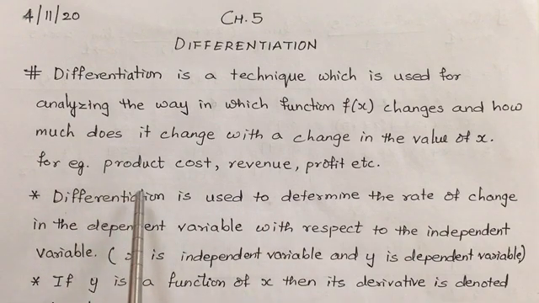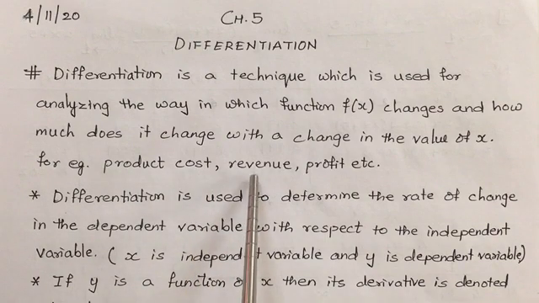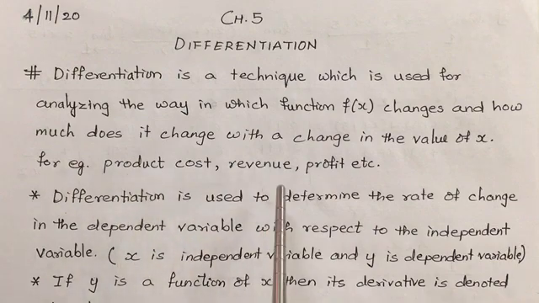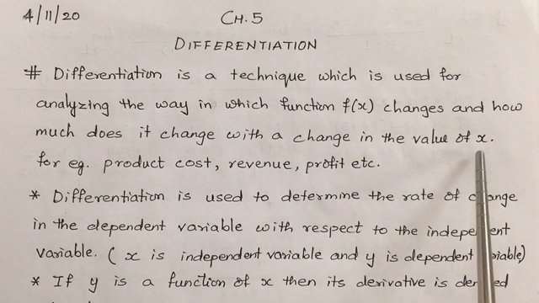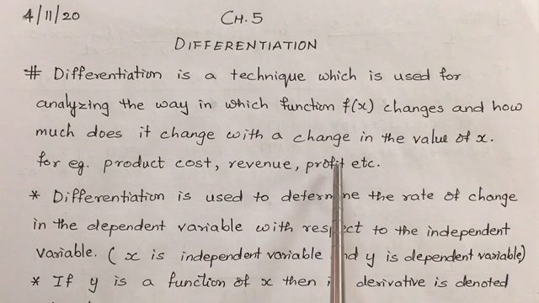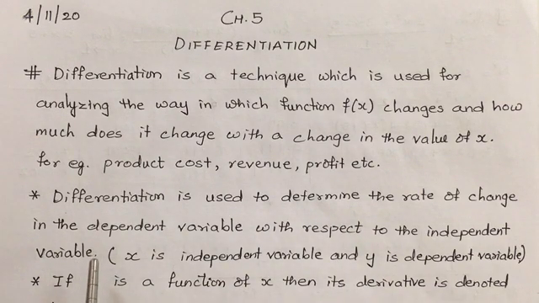Now, for example, cost of production, revenue, profit, all this comes under that. If there is a change in the independent variable, then how all these things get affected.